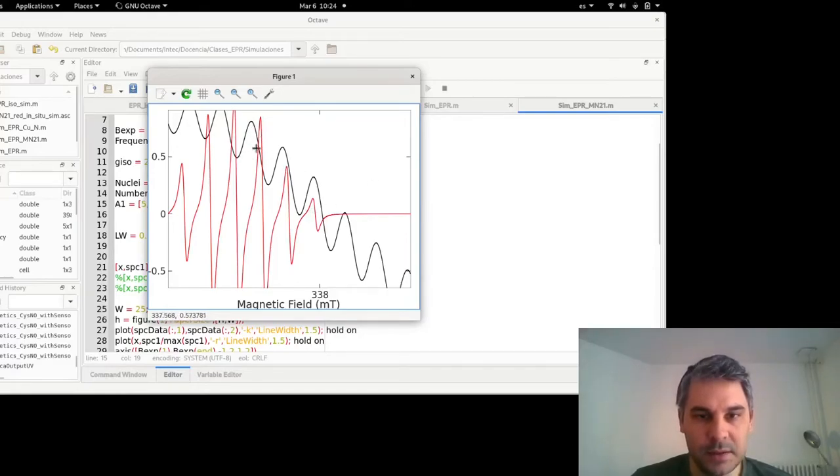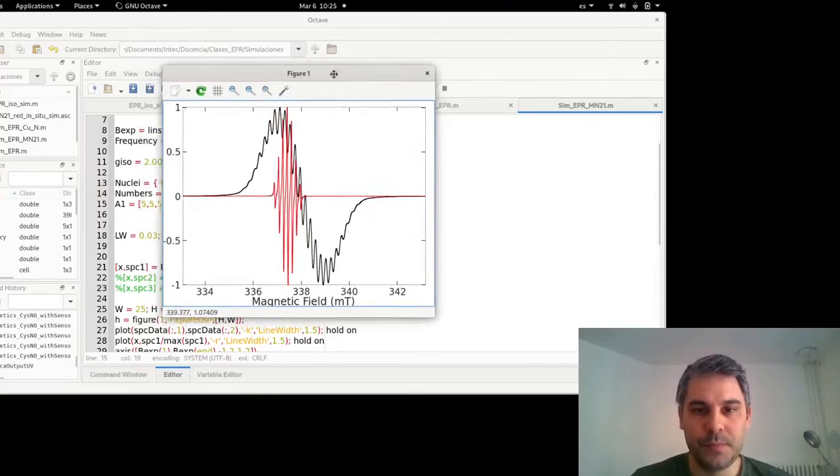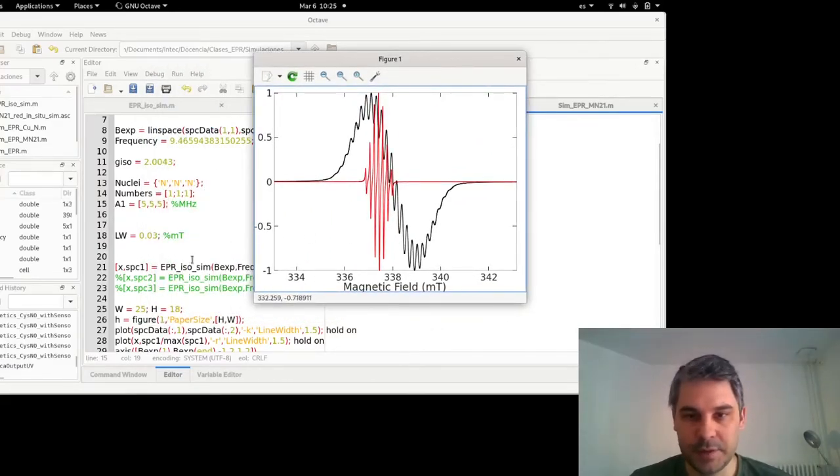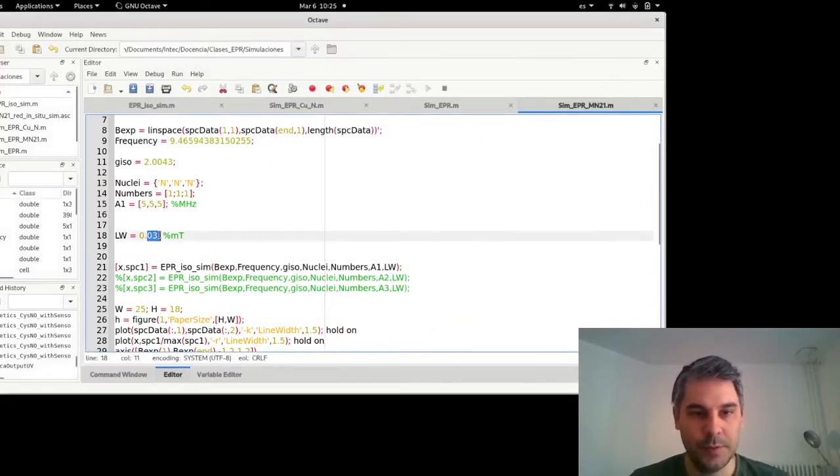but the separation for some of them, this line to line separation is more or less okay, but the line width is still too small for my experiment. So for example, I can start by increasing the line width, maybe to 0.1, and I will increase 2 of the nitrogen hyperfine splittings to 10 megahertz.